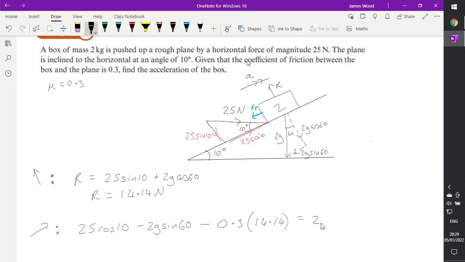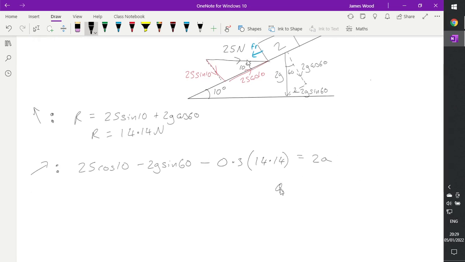And that equals ma, so 2a. And then we can solve this to find what a is. So 25 cos 10 minus 2g times sine 60 minus 0.3 times 14.14. That's 2a, so divided by 2. About 1.7 meters per second squared.